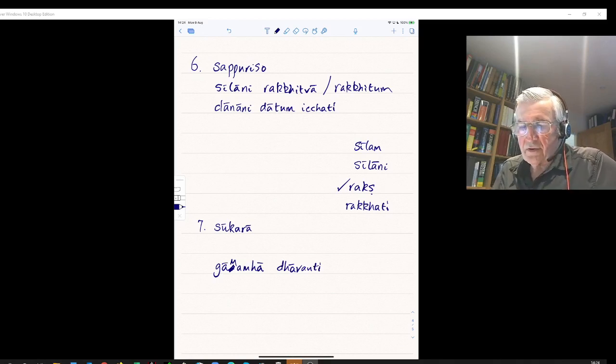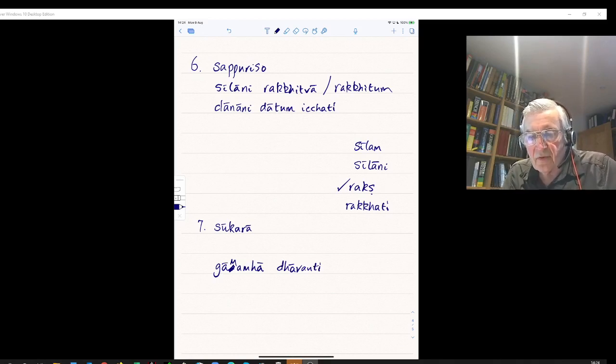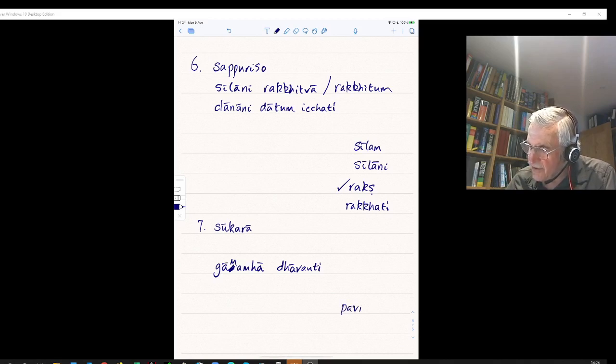To enter the forest. So this becomes, a forest is aranyam, and to enter is pavisitum. Remember, he enters, pavisati, and to enter is pavisitum.